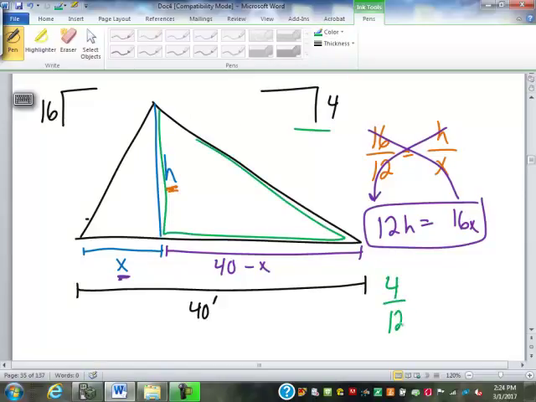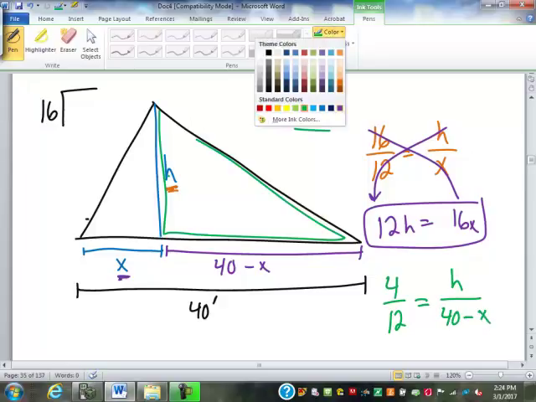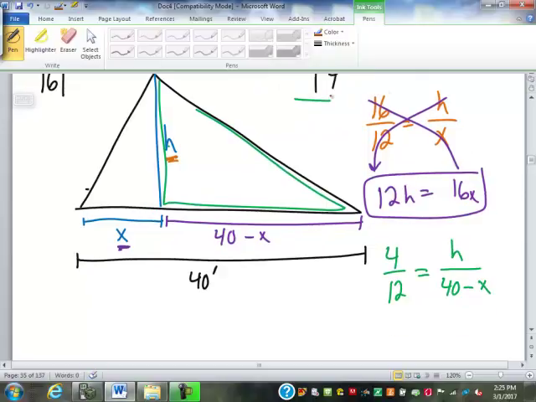We know that slope still has a height of h, but now the run is 40 minus x. So if we cross multiply in this one, we've got h times 12 is 12h. Over here we've got 4 times (40 minus x).